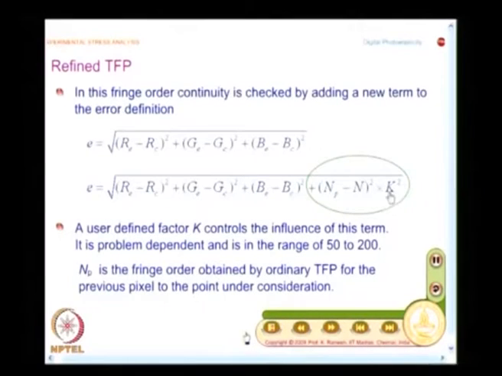If I bring in fringe order continuity, the whole procedure improves substantially, and you have a parameter k which needs to be determined based on the particular problem at hand. There is a variation reported and it is a problem-dependent value. So, by using this and selecting it appropriately, you can find out, and that is what is illustrated next.